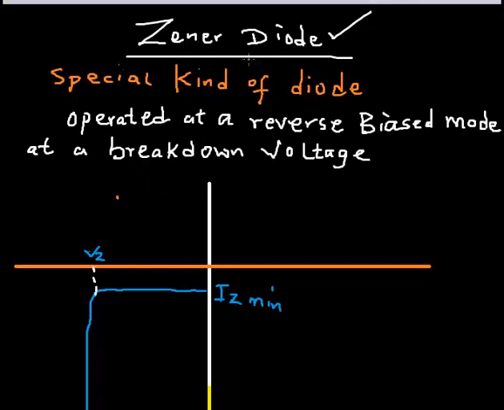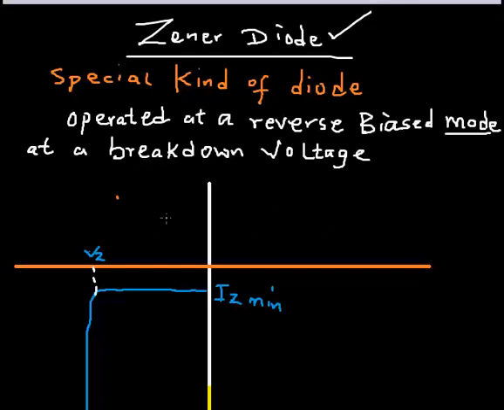Any place where it finds itself in any electronic circuit, it must be operated in reverse bias mode, and not just in reverse bias mode, but at the breakdown mode. Remember, the breakdown voltage is the only point where current can flow through the diode in reverse bias mode.